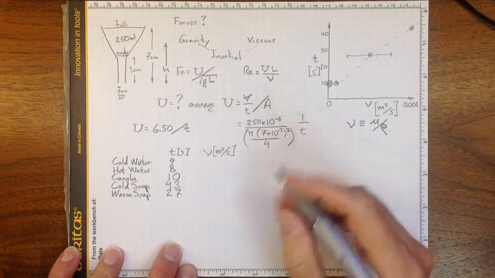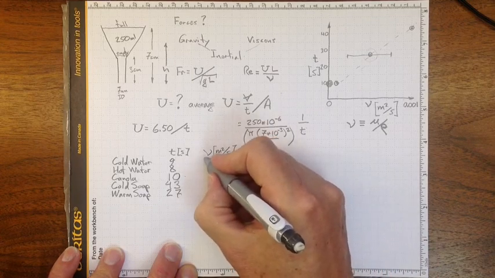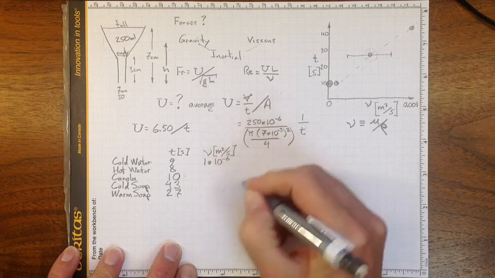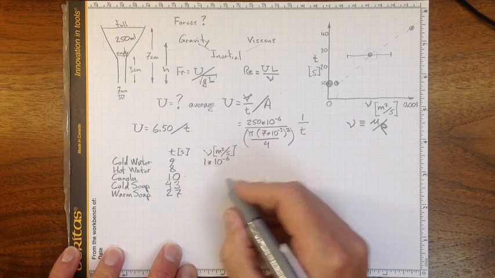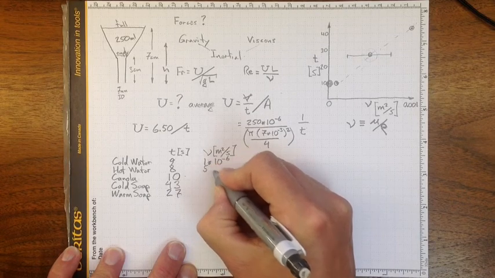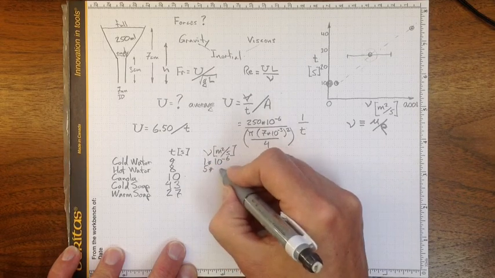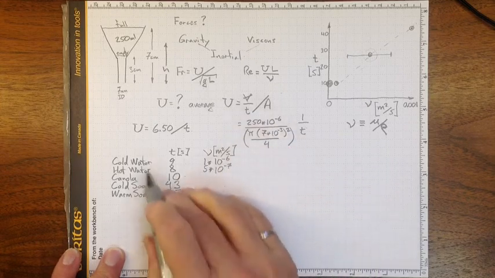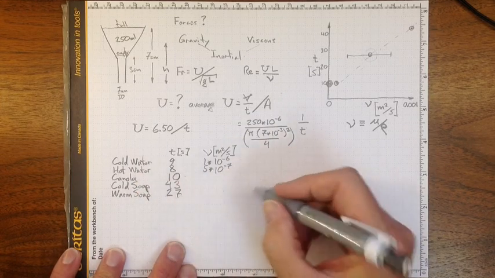Cold water, really good. Got it out of the book. 1 times 10 to the minus 6. Hot water, again, I got it out of the book. It's pretty close, but I wasn't entirely sure about the temperature, so 5 times 10 to the minus 7, about half as much as the cold water.